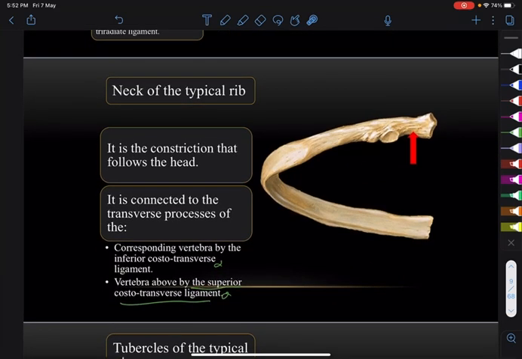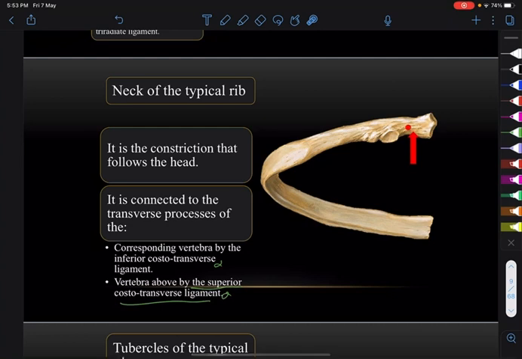The neck of the typical rib is a constriction that follows the head, right behind the head. It is connected to the transverse process of the thoracic vertebra.